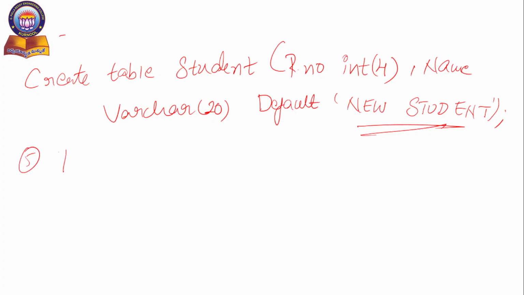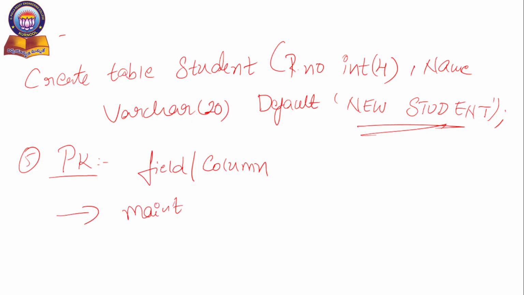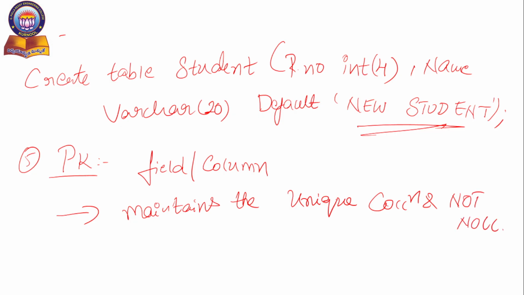Next, fifth one, primary key. What is meant by the primary key? Primary key is nothing but a field or column which can uniquely identify each row in a table, and it maintains the unique collection and not null.